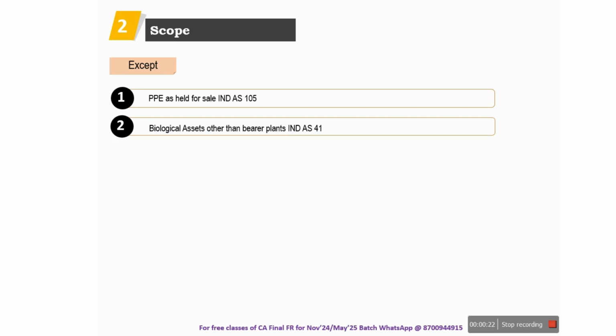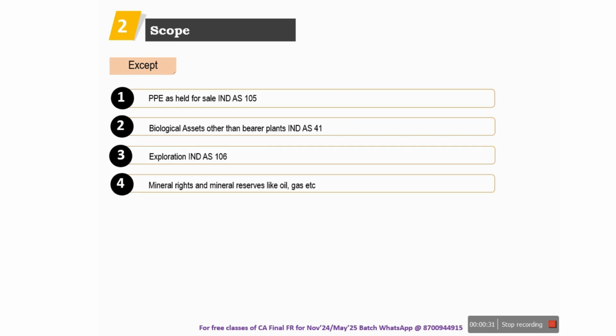In respect of biological assets other than bearer plants, those are covered under Ind AS 41. Exploration is taken care of by Ind AS 106, as are mineral rights and mineral reserves like oil and gases, etc. However, Ind AS 16 will be applied to PPE used to develop and maintain the above assets like biological assets, exploration and mineral rights, etc.